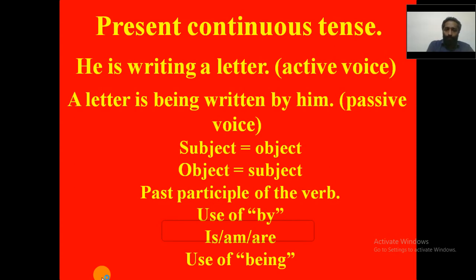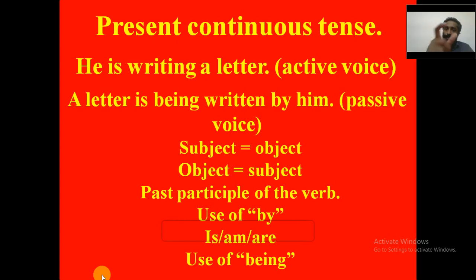Past participle of the verb write is changed into written. Use of by, is, am or are. Here the subject is singular, a letter, so we are using is. Use of being, that is the additional word that is used in present continuous tense. A letter is being written by him.